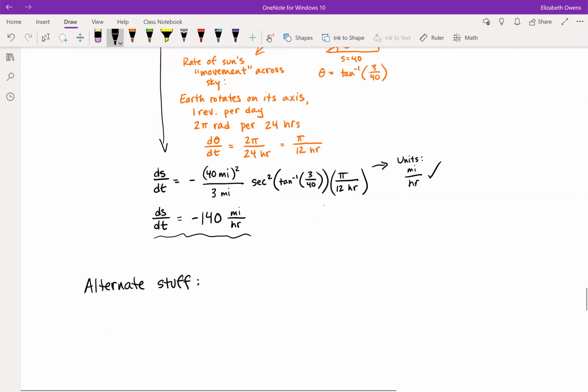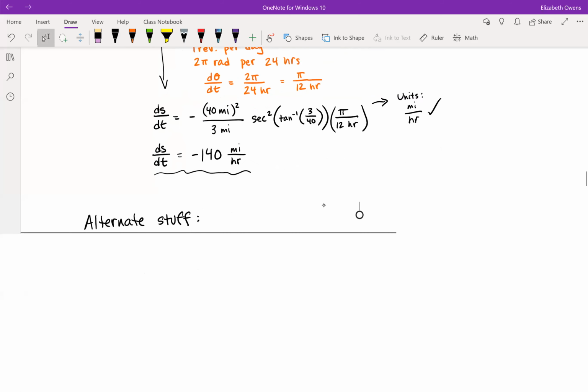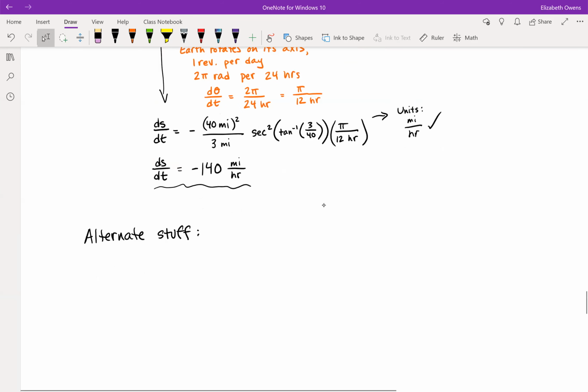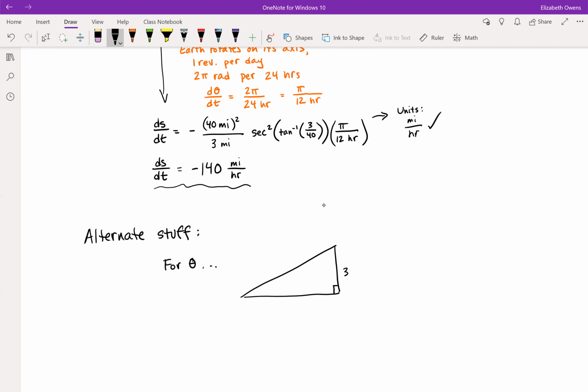Okay. For our angle theta, we had this setup with the right triangle, 3, 40, angle theta right there. You could use the Pythagorean Theorem to find this third side of the triangle, the hypotenuse length there.